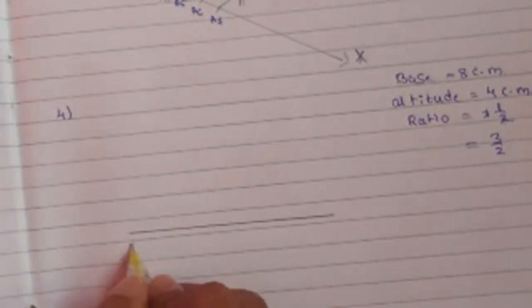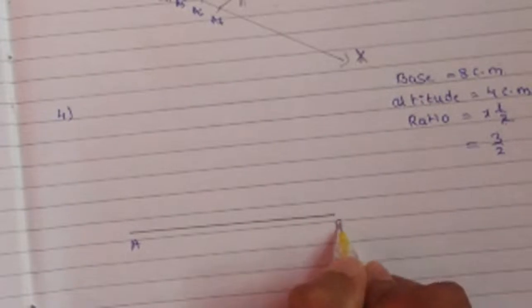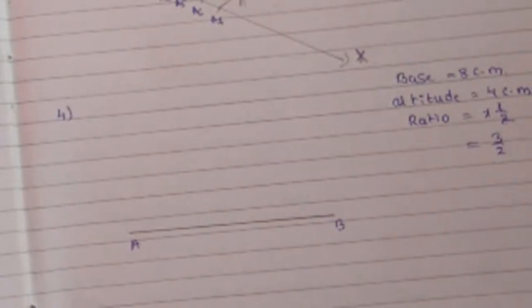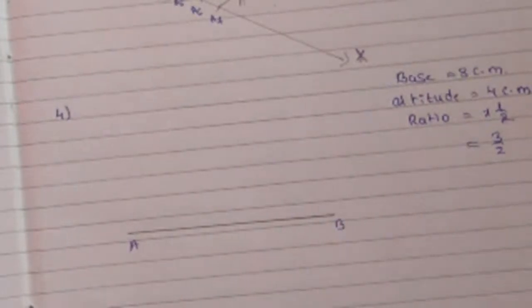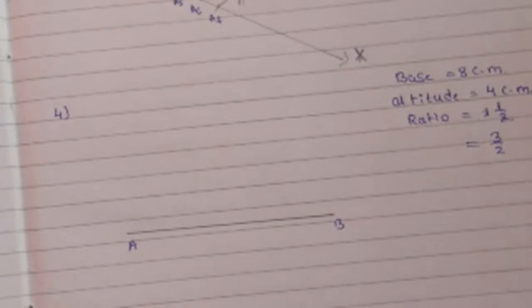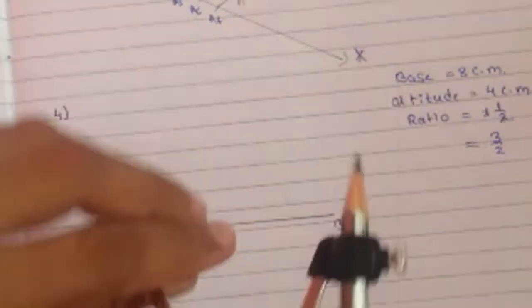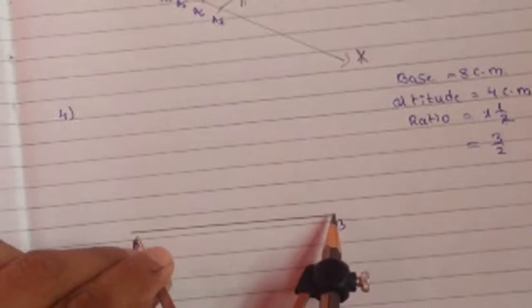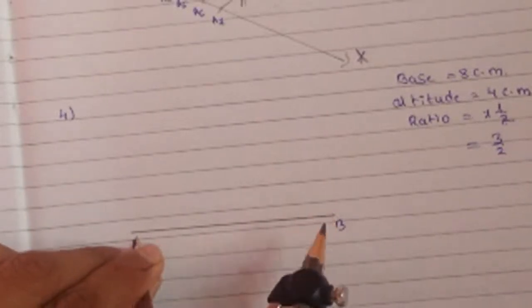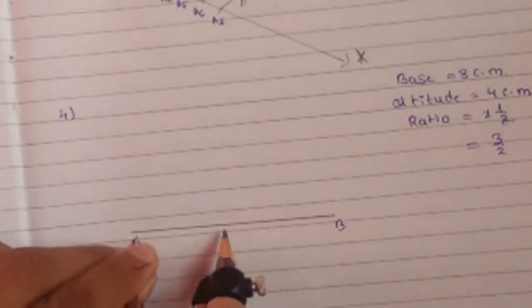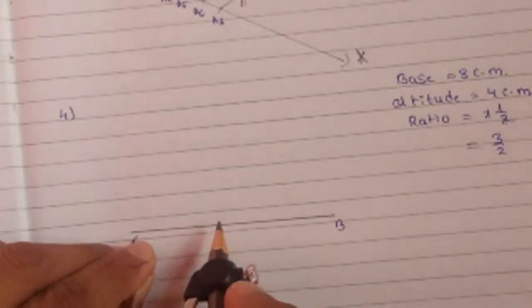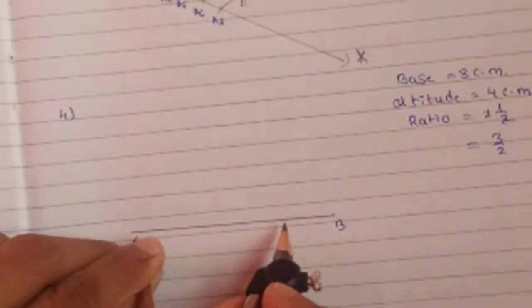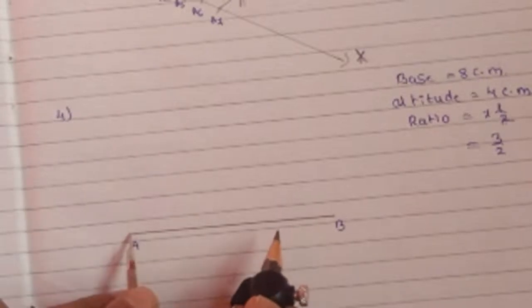I'll mark these points as A, B. Then I have to draw one perpendicular line. To draw the perpendicular line or altitude, total length is 8 centimeter, and we have to take greater than half length. Half length of AB is 4 centimeter, and we have to take greater than half.